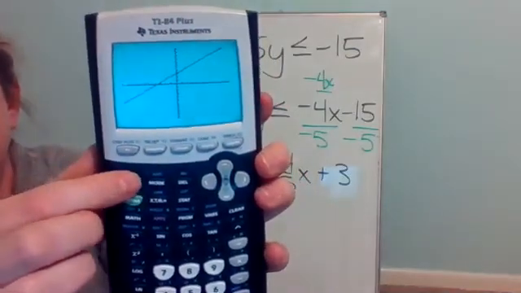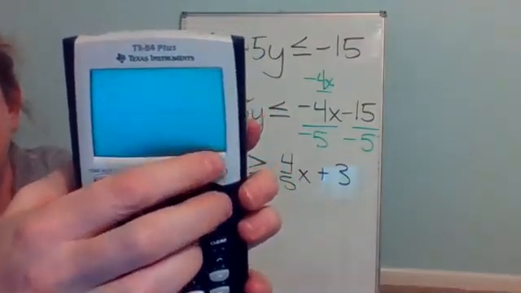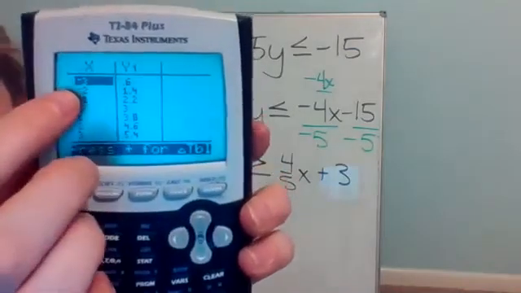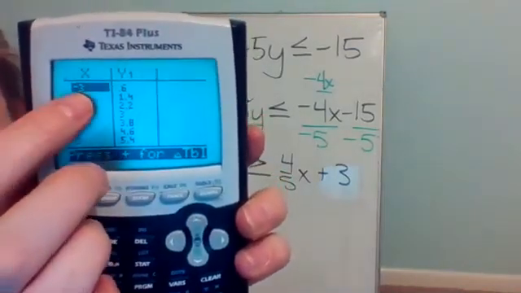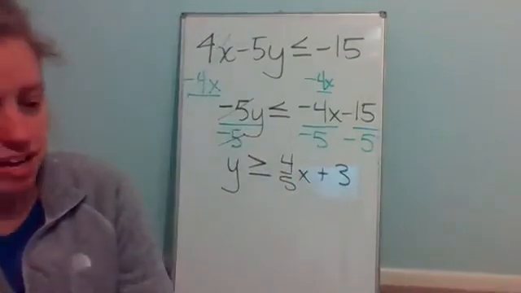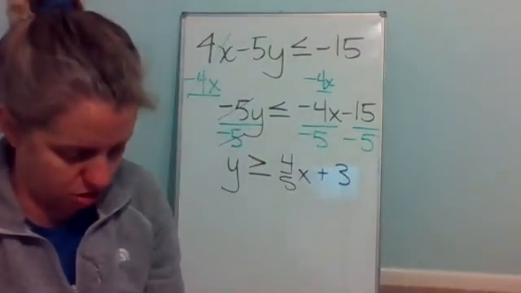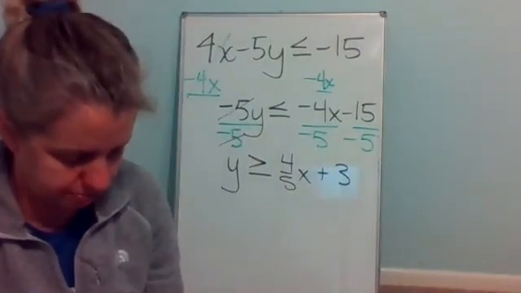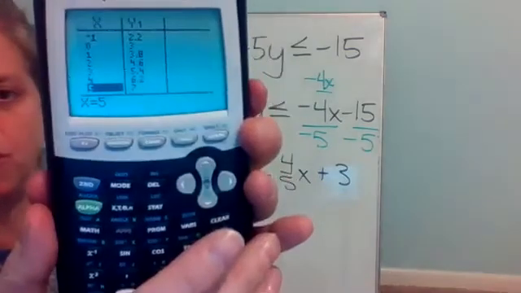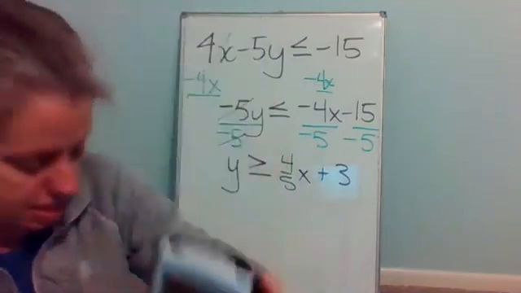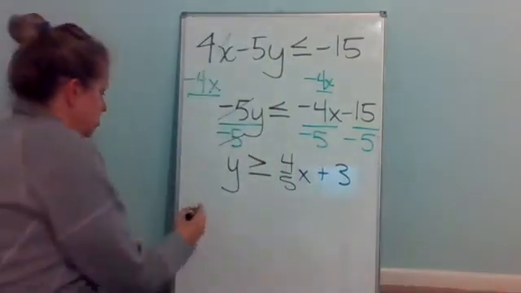Now, second table to get your points. Just choose 2 points that don't have decimals. I would choose 0, 3, and then all the way down to 5, 7. So I would choose 0, 3.